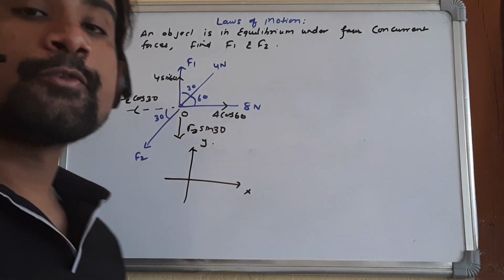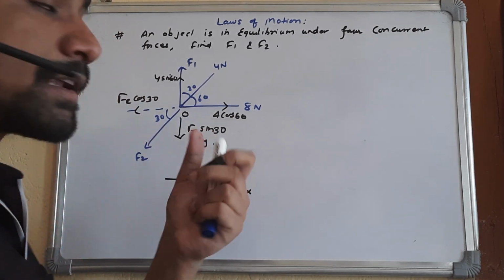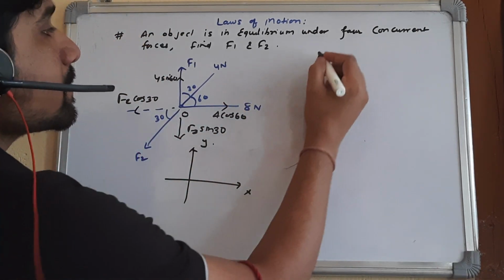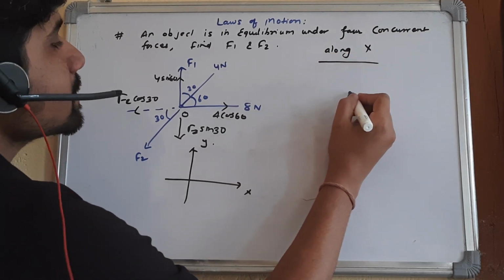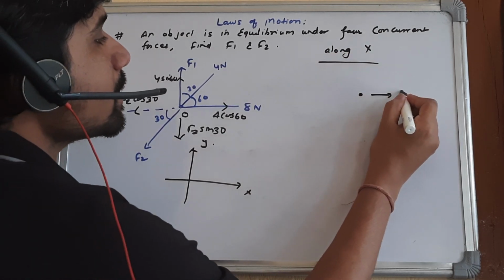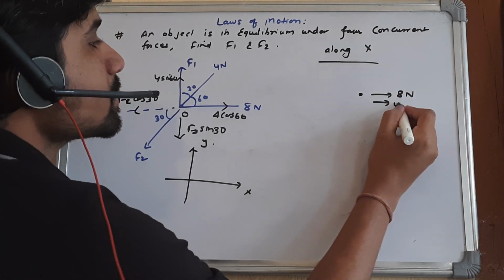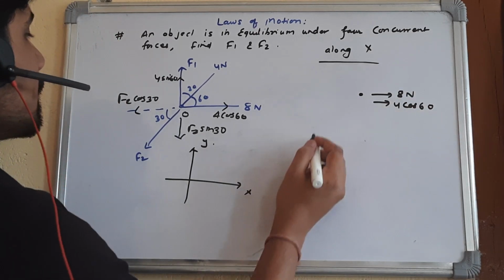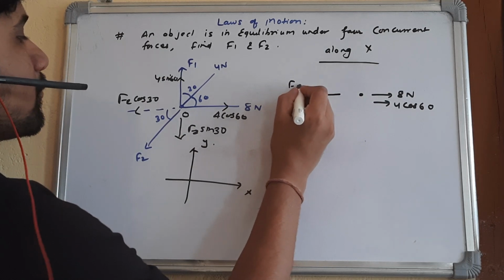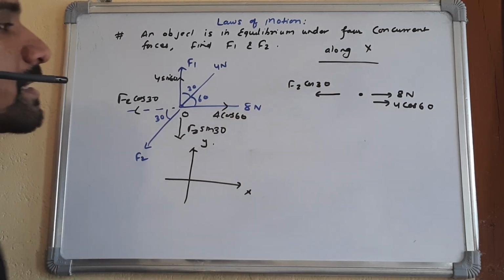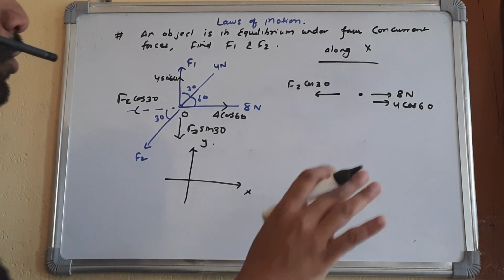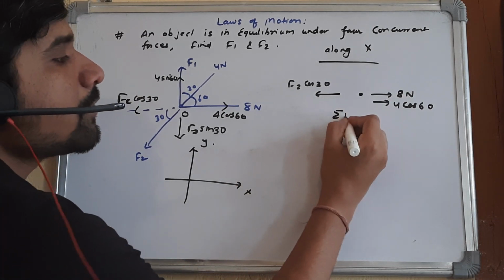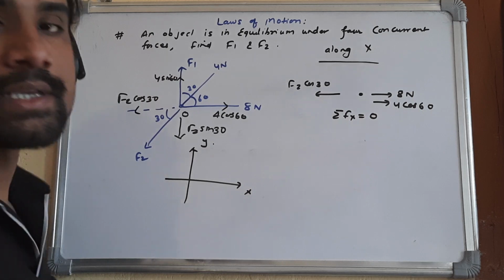Now if I make a free body diagram for this object along x and y separately, you can see along x, if I draw, it is 8 Newton this side, 4 cos 60 on the positive x side, and this is F2 cos 30 on the negative x side, correct? Now, since it is in equilibrium, sigma net force along x will be 0.